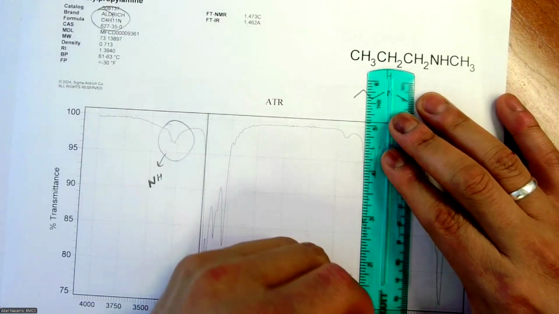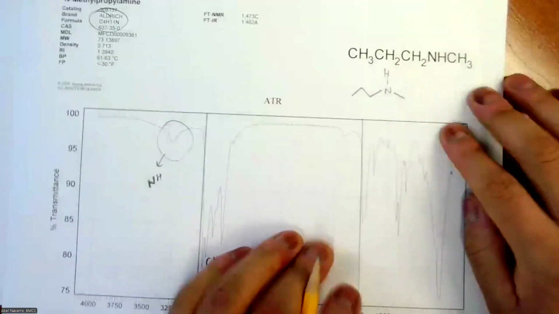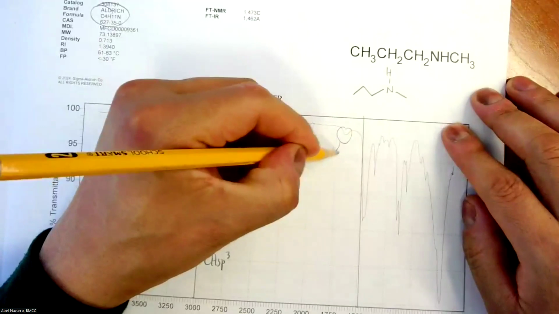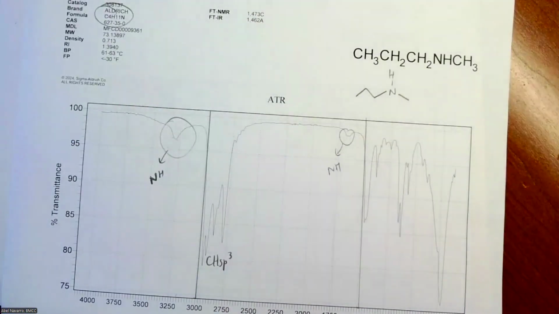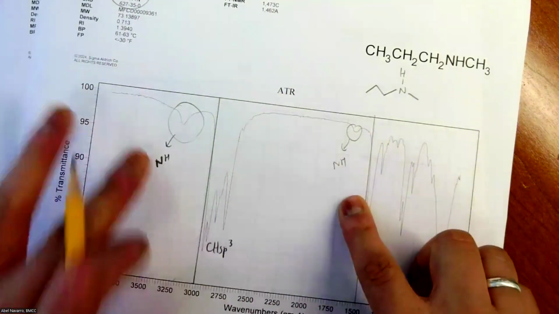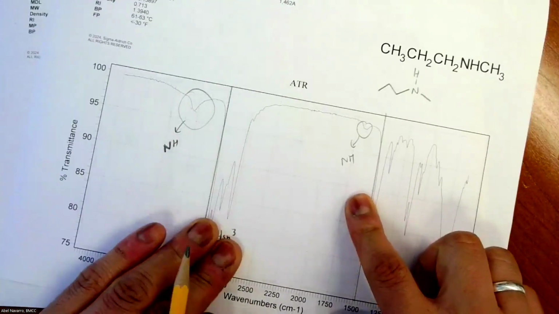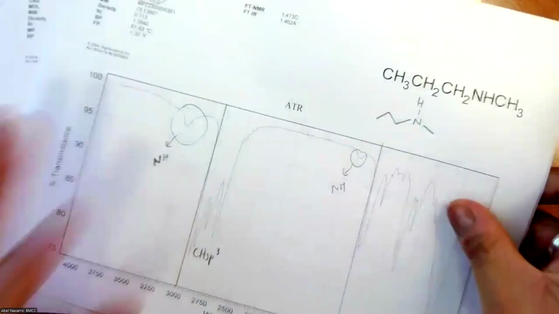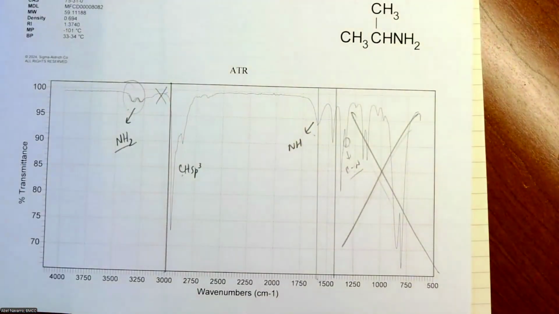Okay, what else here? 1500. Sometimes I say 1500 is the fingerprint. Here, I would say that would be the other NH, right? But once again, that's really not relevant, that's optional. Those are my two most important assignments that I need to make. Good, clear. Let's see what else we have. I think we have more OHs, and that's coming next.